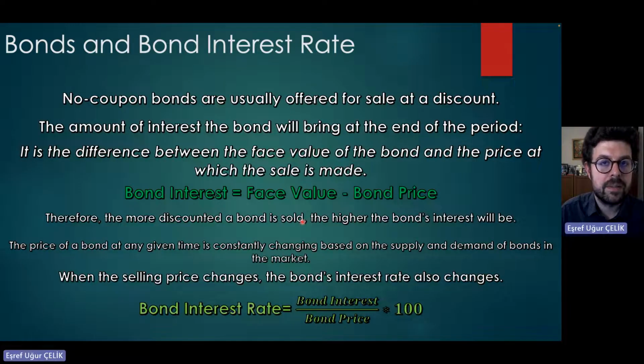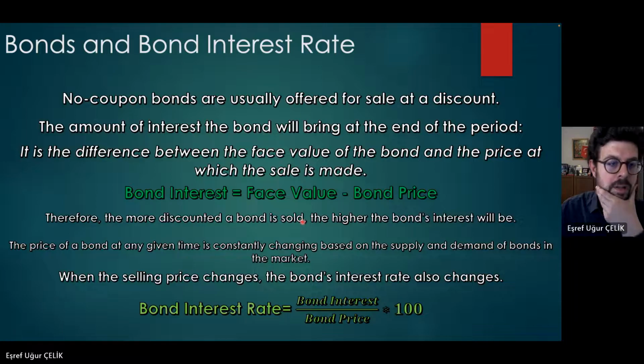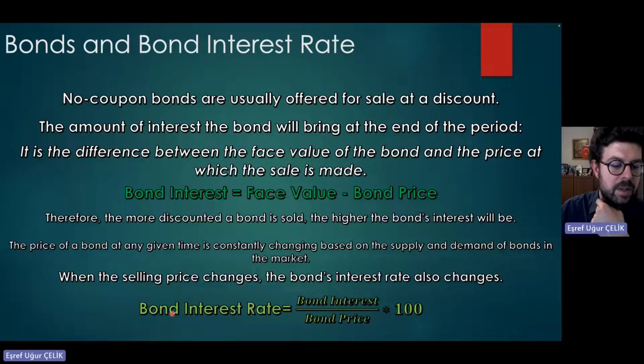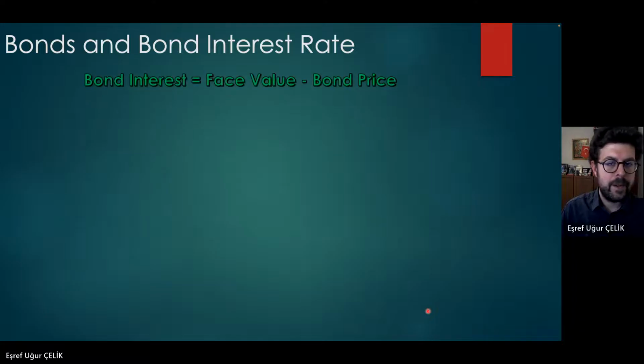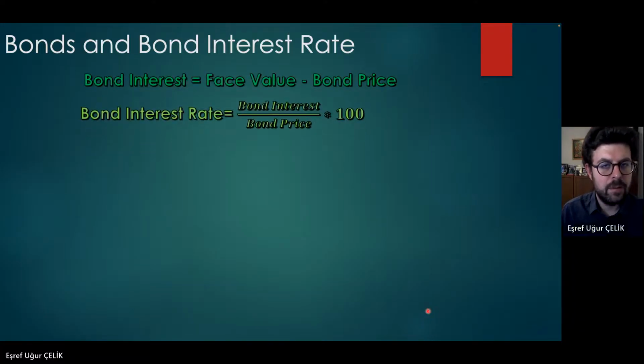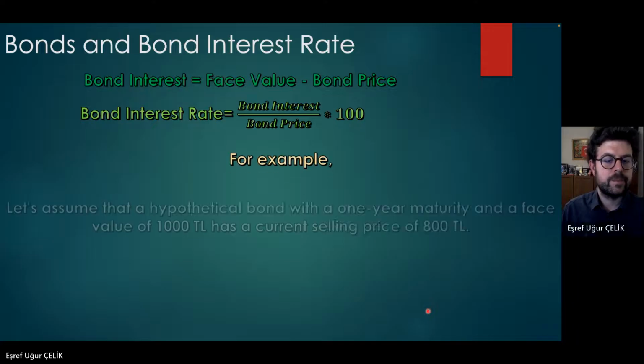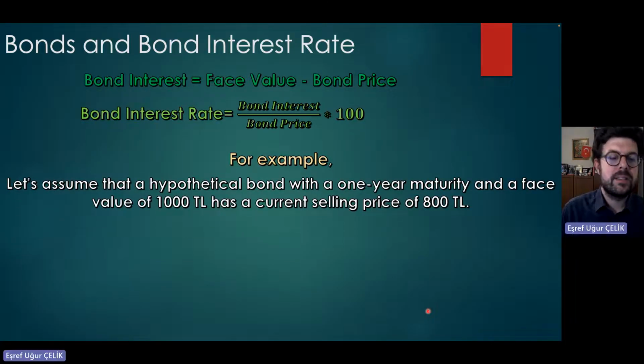So that is the second formula in the topic of bonds. The bond interest rate is equal to bond interest divided by bond price, multiplied by 100. Okay, let's look at an example for understanding easily. I can write our formula over again. Let's assume that we buy a bond, 1 year maturity, and the face value is 1000 Turkish lira.